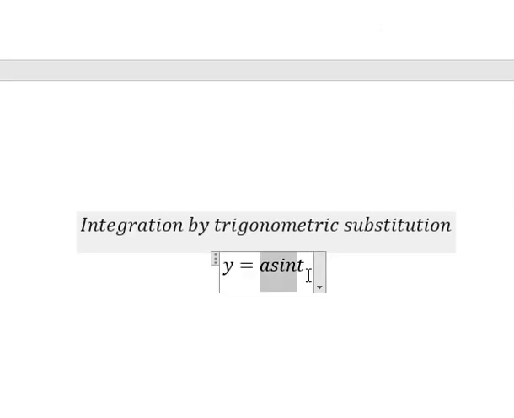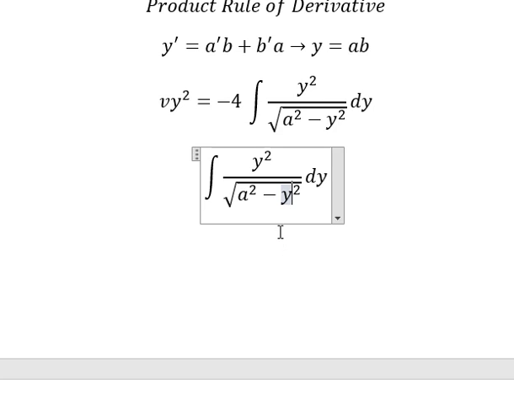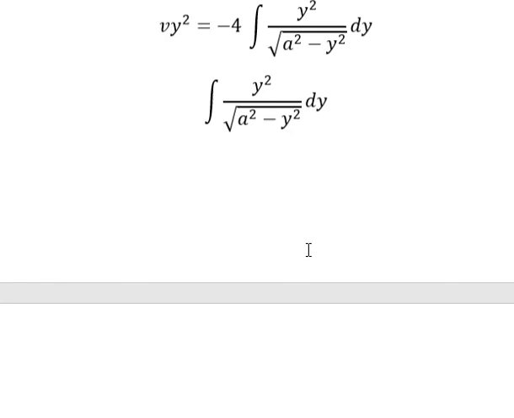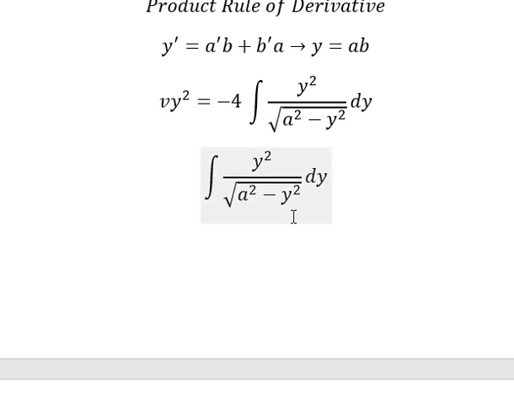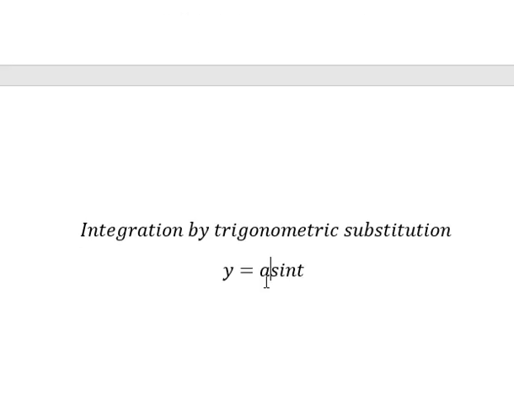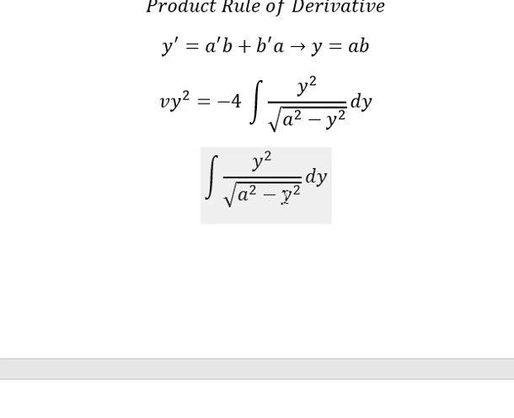Because if I put this one here, we have a square sine t square, a square. We can do factorization. 1 minus sine t square, we change by cosine t square, and later we simplify the square root and dy.